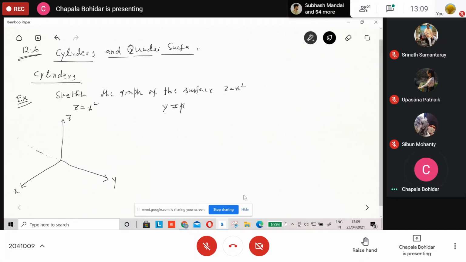It may be 1, it may be 2, it may be -1, so I am considering in general y is equal to k. So all the parabolas z is equal to x square lie in vertical planes, parallel to the xz plane.